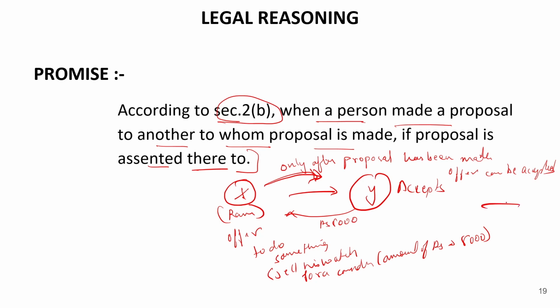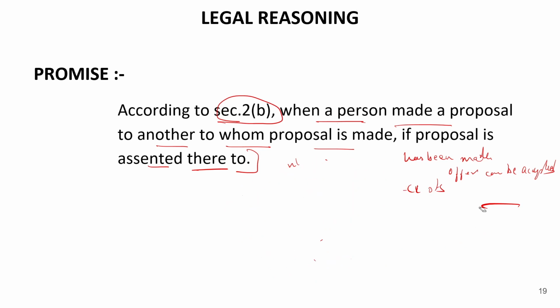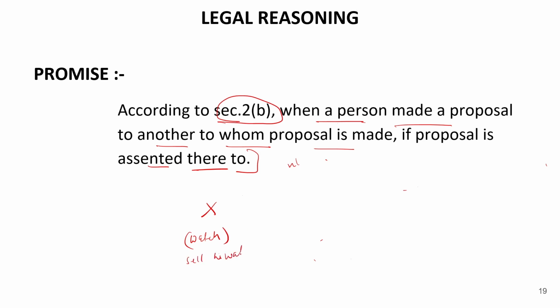Why we need to understand this is because if we take that instance again, let's take the example that X is a person who has a watch. Okay. Now he has a watch. He wishes to sell his watch for 5,000 rupees.